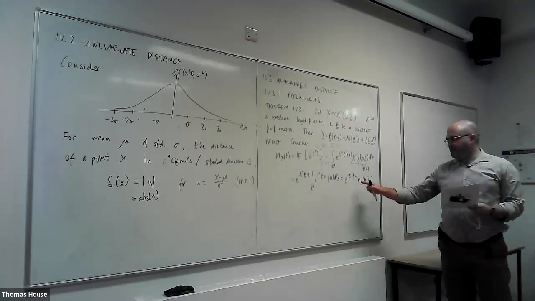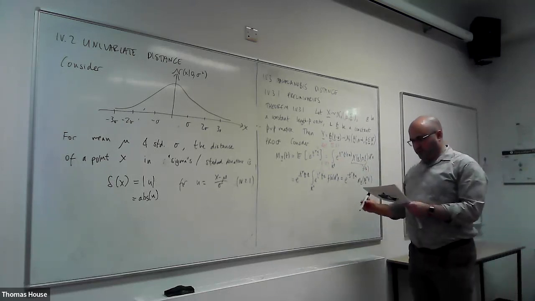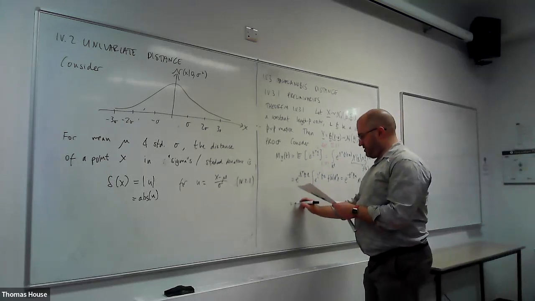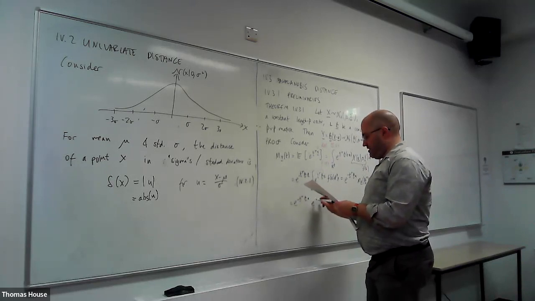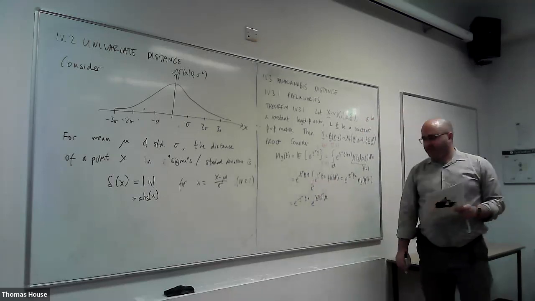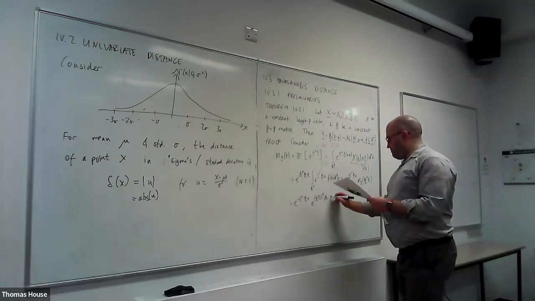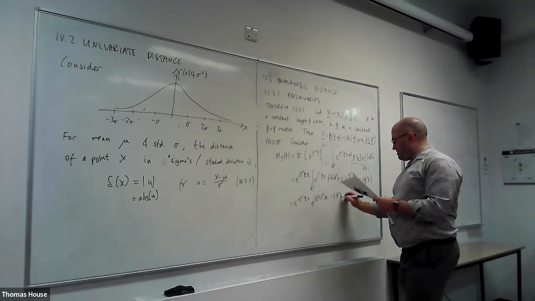And then what we're going to do is put in what we know this is, because we wrote it down in equation 1.1. So that's substituting in the MGF of the normal: t tilde transpose mu plus a half of t tilde transpose sigma t tilde, with t tilde equal to A transpose t.